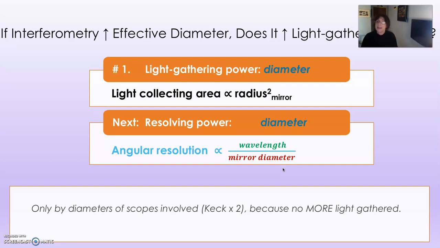That is not being gathered from the universe. It is being manufactured by software. So that is the difference. That effective diameter is used in resolving power only.